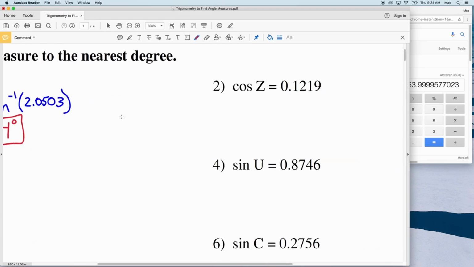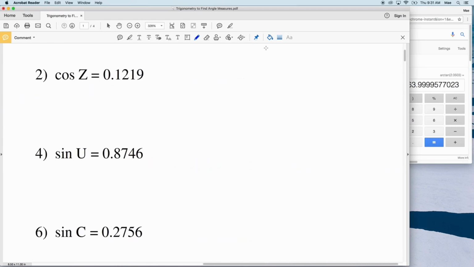Let's go on to number 2. Just as we use the inverse of tangent, we can also use the inverse of cosine to isolate this variable z, which is our angle. So the inverse cosine of the cosine of z, whatever we do to the left, we do to the right. We take the inverse cosine of 0.1219.